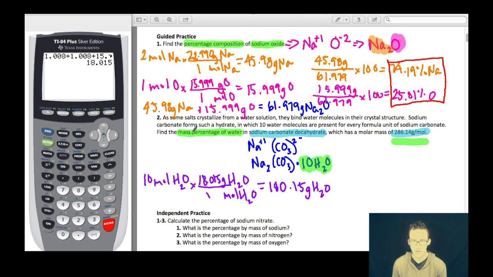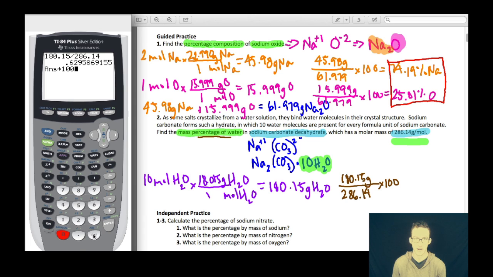Okay, now remember, I'm looking for the percent water. So I know this is my part, so I've got 180.15 grams in my part over the whole, which is 286.14, times 100. I'm going to bust out my calculator for this one. 180.15 divided by 286.14 equals, times 100.